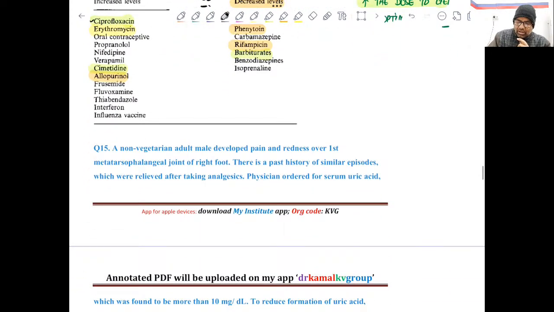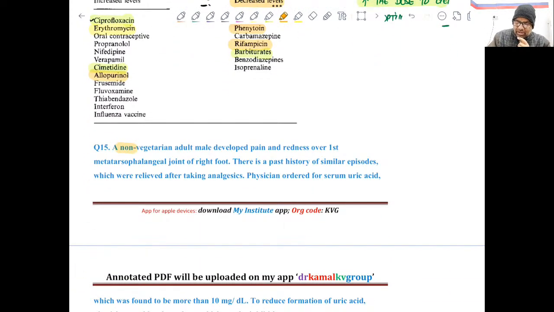Moving forward, a non-vegetarian developed pain and redness at the first metatarsophalangeal joint of the foot. Now the moment you have this kind of presentation, anything affecting the great toe is most likely to be a case of gout.